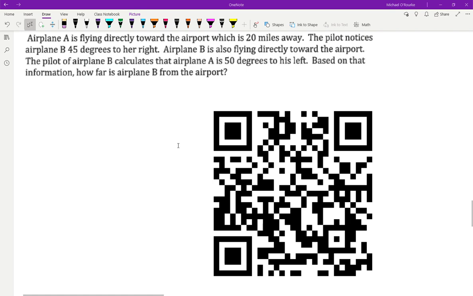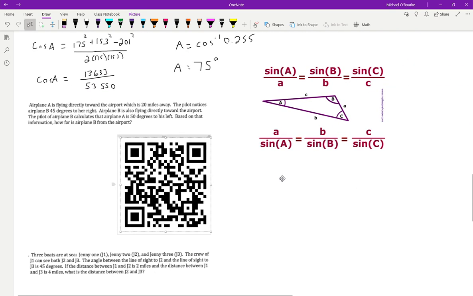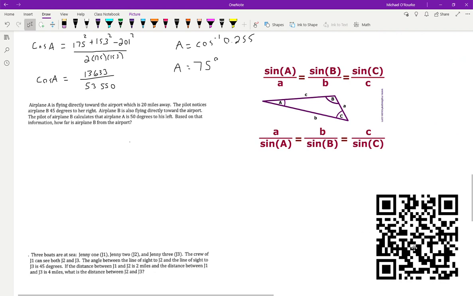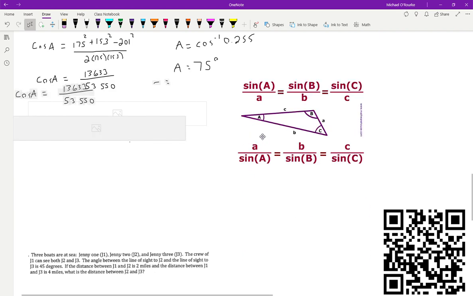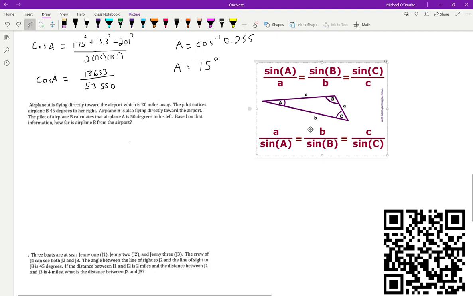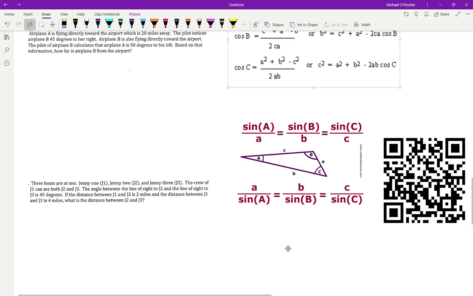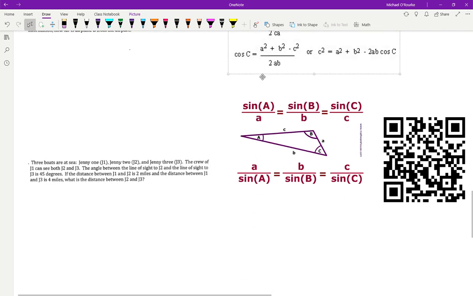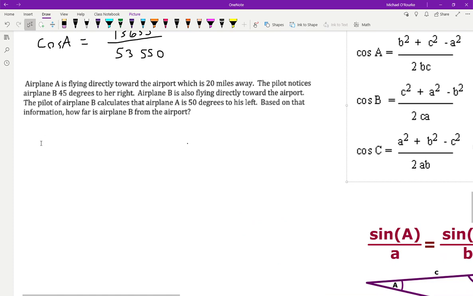Okay. I'm going to adjust my screen here real quick. Did one disappear on me? Oops. Yeah, that looks good. Okay. I'm going to draw my diagram here.